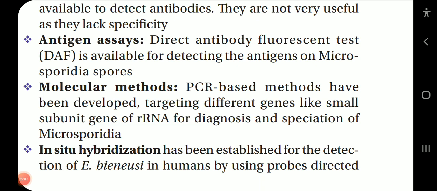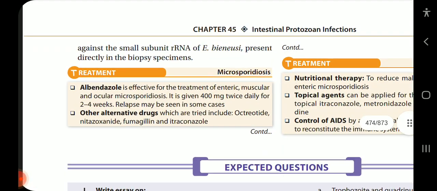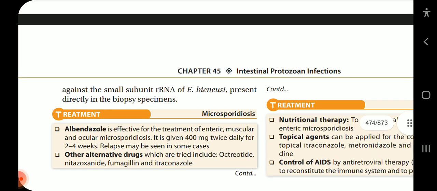Molecular methods: PCR based methods have been developed targeting different genes like the small subunit gene of rRNA for diagnosis and speciation of Microsporidia. In situ hybridization has been established for the detection of E. bieneusi in humans by using probes directed against small subunit rRNA of E. bieneusi present directly in the biopsy specimens.